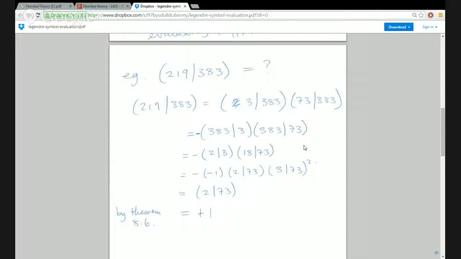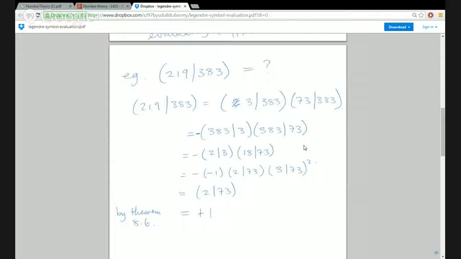The problems you're faced with here are of the same type, evaluate a Legendre symbol, but the arguments are far smaller. 2, 3, we can just tell by inspection. 2 is not a quadratic residue modulo 3. We know that value. This one we factorize the 18: 2 by 9, 2 by 3 squared. We don't need to know this value because it's squared.